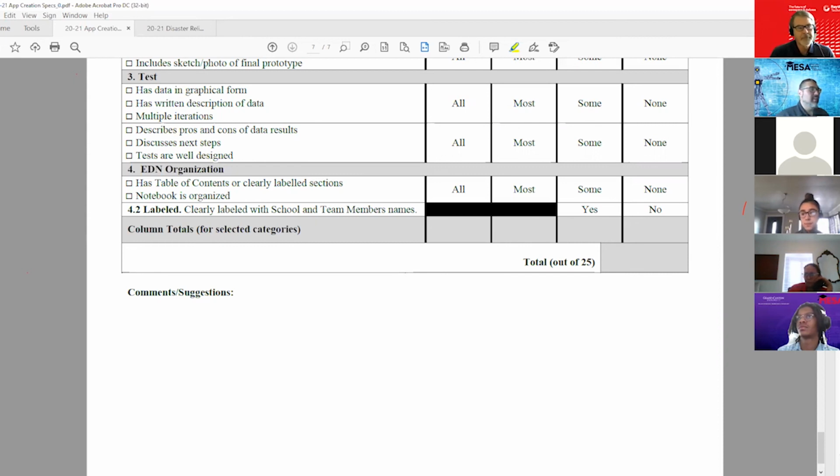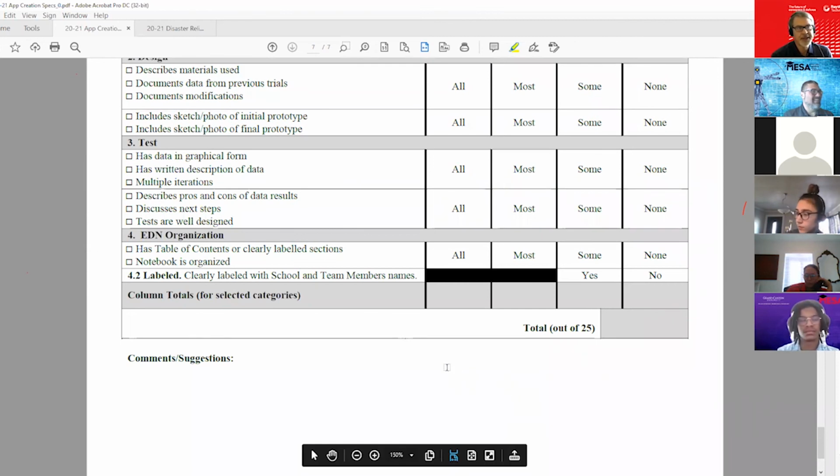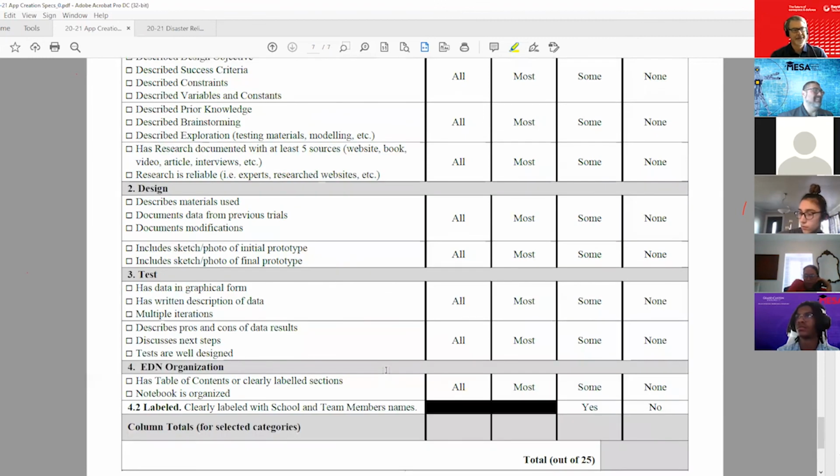Does anybody want to claim it? Because I don't know who it belongs to, right? At least with the virtual ones, you're only giving us a copy, so you still have it. But we have a lot of lost notebooks in my office. Well, the other problem is we might not know which school you are and we might not give you your points. True, exactly.